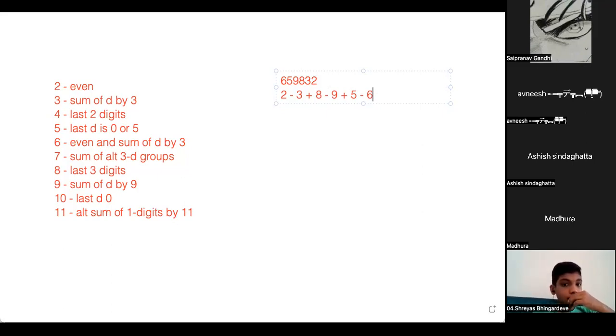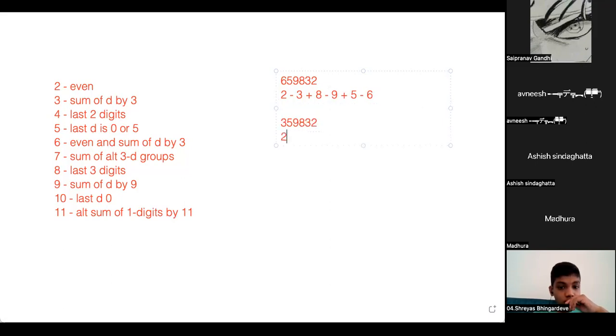But just by 3 we are getting 3, so why don't we remove that? How do we remove it? We should add it. If it was 359832, it would be divisible. So let us take 359832.